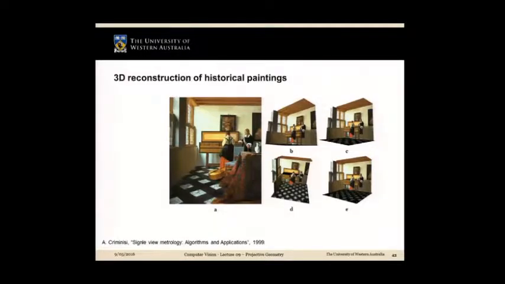Then you have a very nice pattern on the floor. What does this pattern represent? Some parallel lines, right? And you have some parallel lines here as well if you look at this window. So all this information was used for reconstructing this image. And then, of course, you can fill in the required information for the reconstruction.